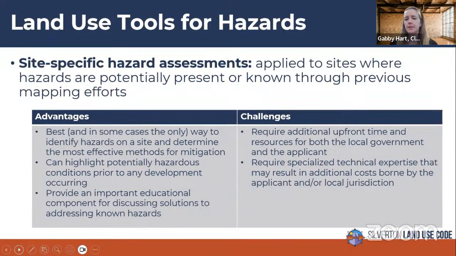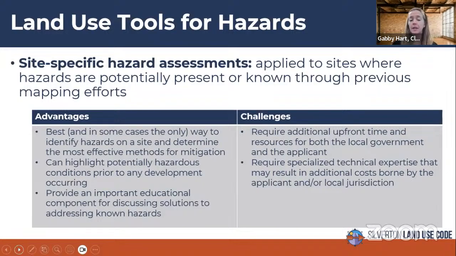Moving into the site-specific hazard assessments, these are applied to sites where hazards are potentially present or known through previous mapping efforts. The advantages to this approach are that it's the best way, and sometimes the only way, to identify hazards on a site and determine the specific methods for how to mitigate those hazards.